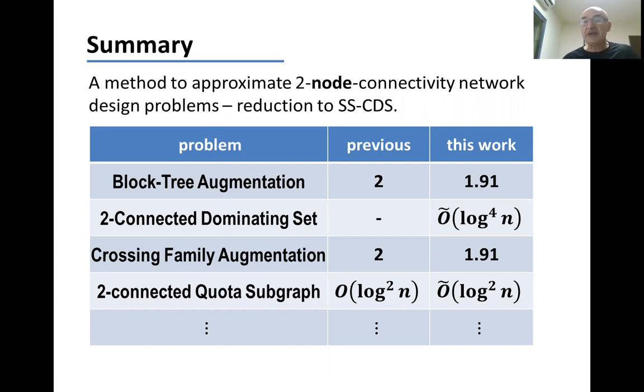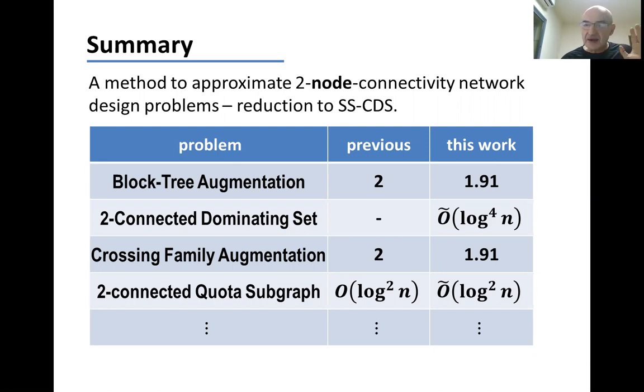With this method, we show that the block tree augmentation problem admits ratio 1.91, which breaks the natural approximation barrier of 2. And we also showed that the two connected dominating set problem admits a ratio tilde O log to the fourth n, which is the first non-trivial approximation ratio for this problem.